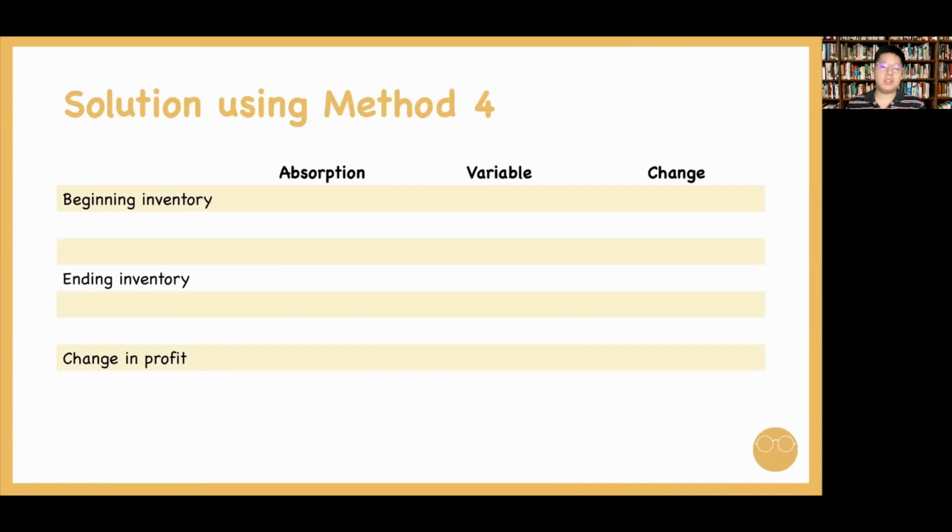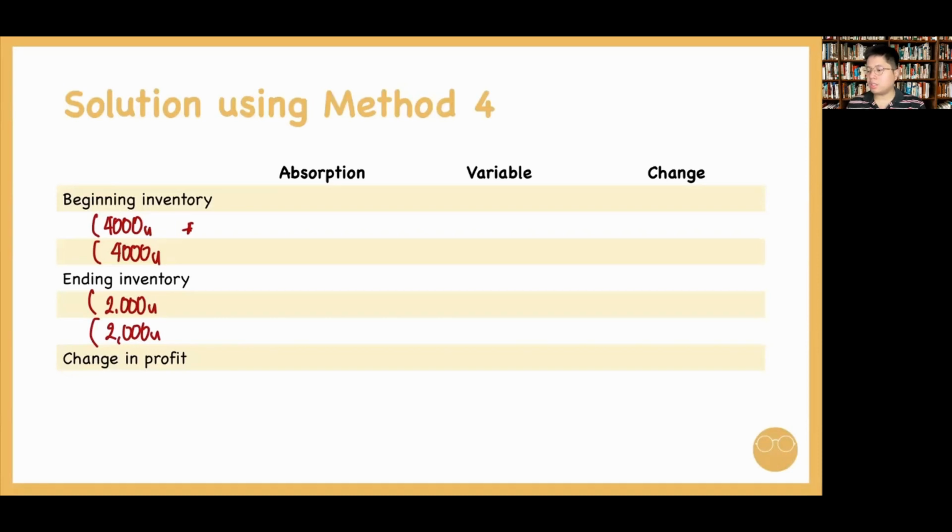Then the last one, under method 4, we use the inventory in amounts. Let's solve this using the beginning inventory and the ending inventory. The beginning inventory is given as 4,000 units, and our ending inventory is 2,000 units. Then let's get the amount. For absorption costing, we multiply the units by the unit cost.